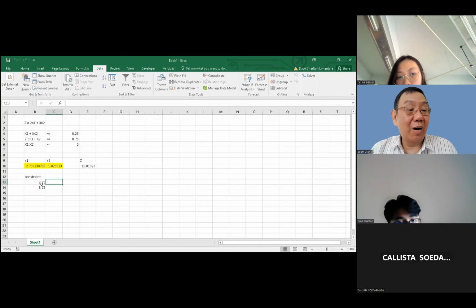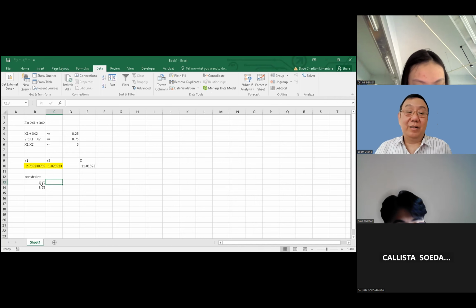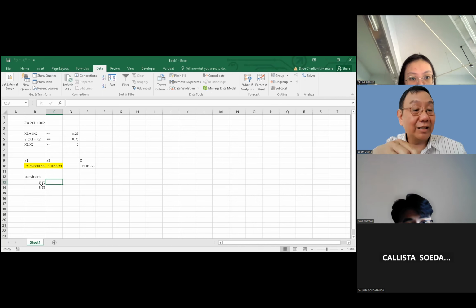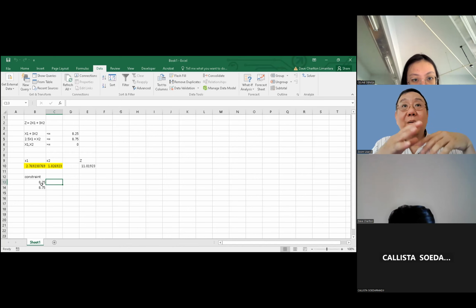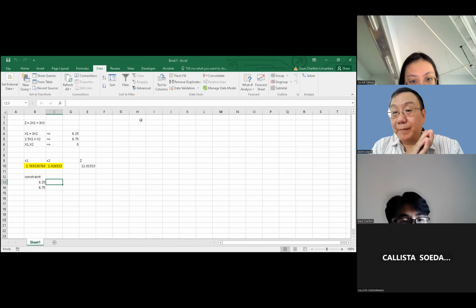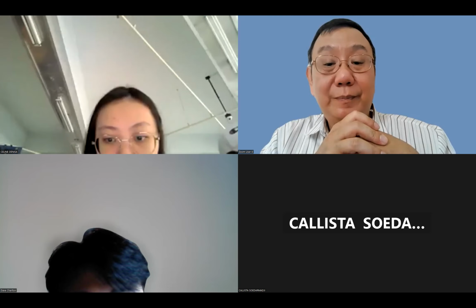If you go down, it will give you 2,1, which is also not the solution. So LP relaxation just gives you the exact value of the constraint, but IP will give you the integer value. Clear? Good.